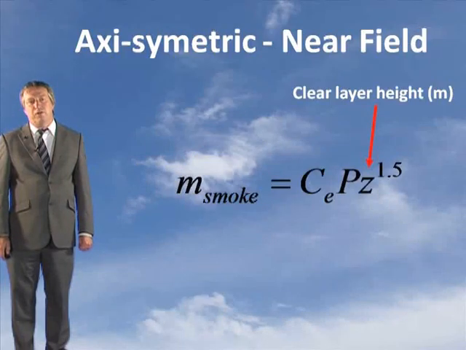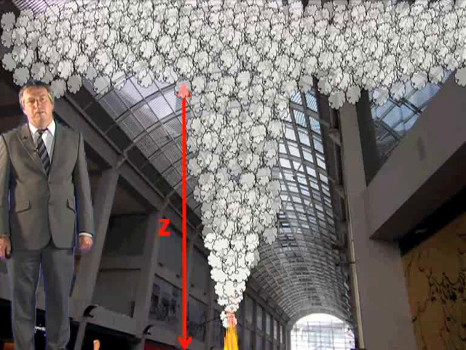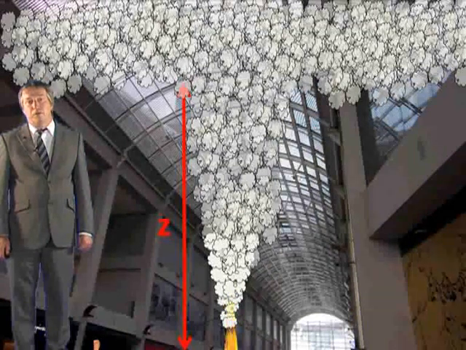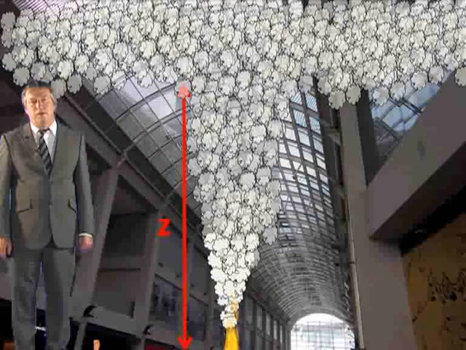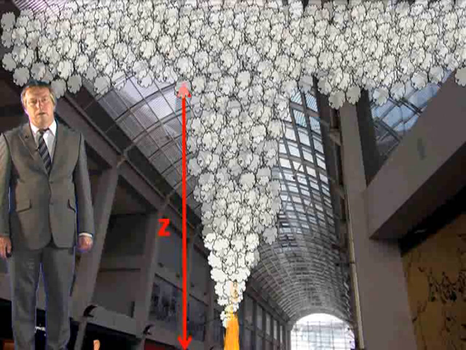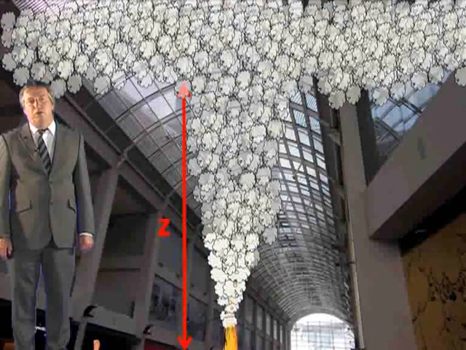Looking at Z again briefly, this is the clear layer height in meters, the height from the floor or the base of the fire to the base of the smoke layer. This is laid down by the designer and is decided upon in step 1 when determining the design objectives. This dimension is as much a dimension of the building as the height of the roof or the width of the doorways, so you must ensure that it is correctly identified.